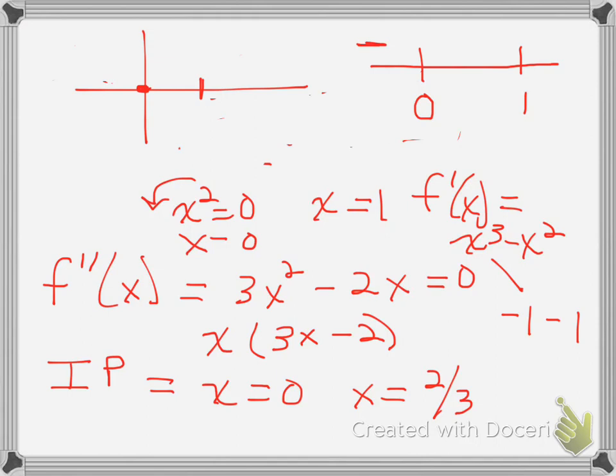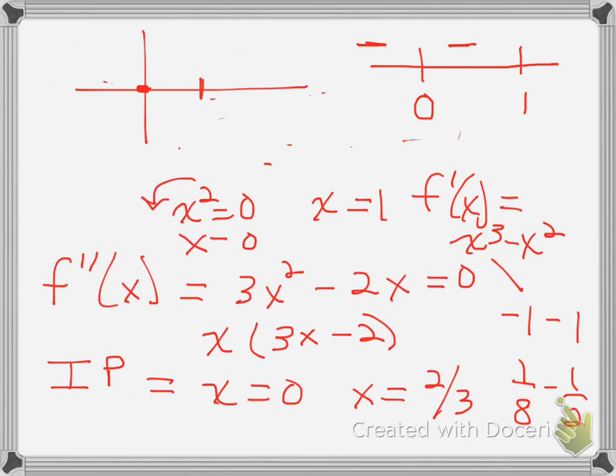Now pick, say, 1/2 in between 0 and 1. If I cube 1/2, I get 1/8, and 1/8 minus 1/2 is also negative, which is what I kind of knew because I know that 0 is an inflection point and not a max or a min. Now let's go to the other side of 1.